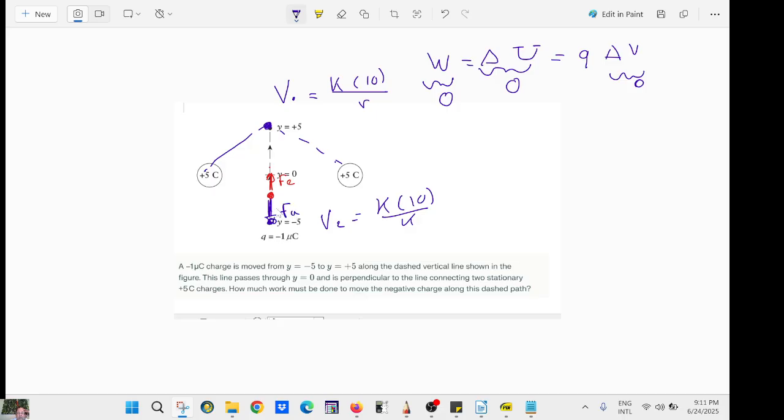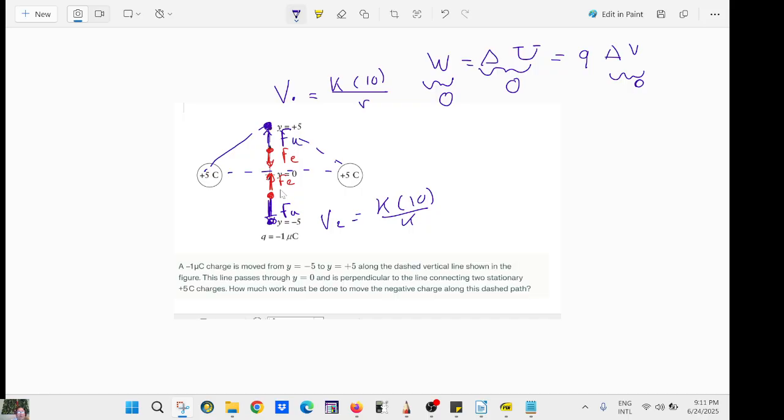So the work that you are doing is going to be negative. And then when it wants to pass this point here, now it wants to go down, and you are doing positive work. You have to work against the electric field.